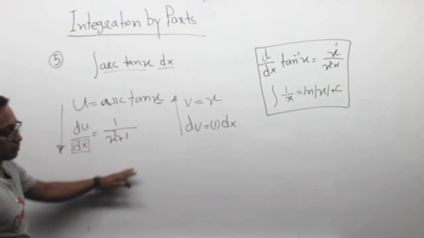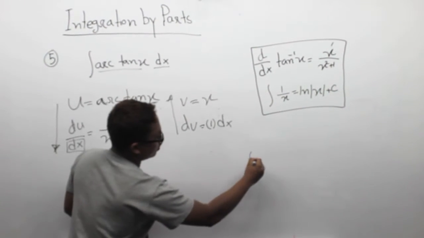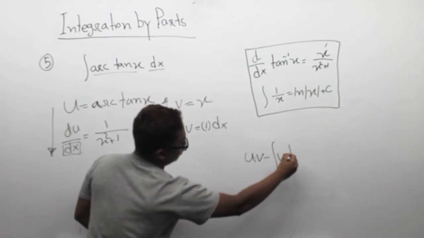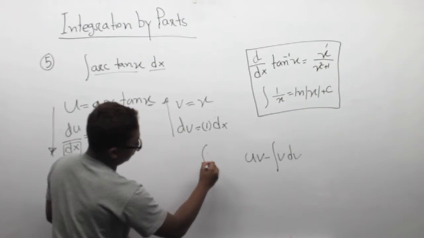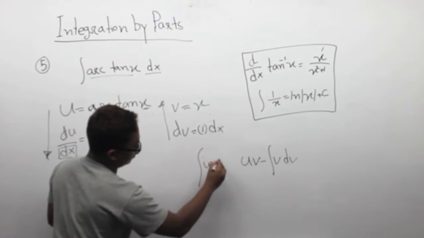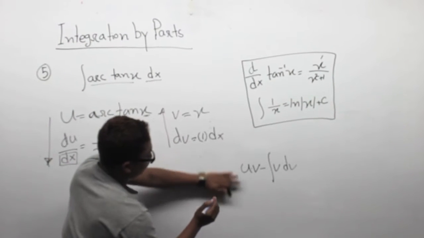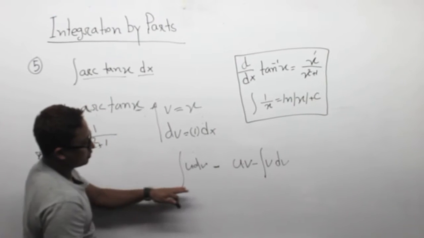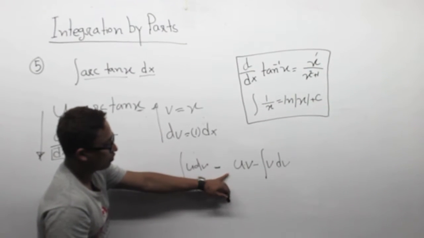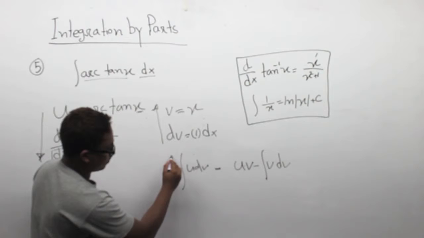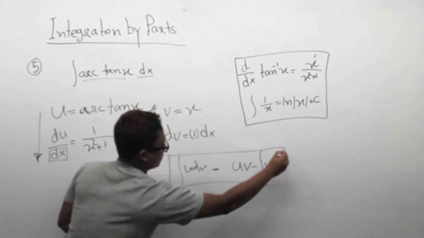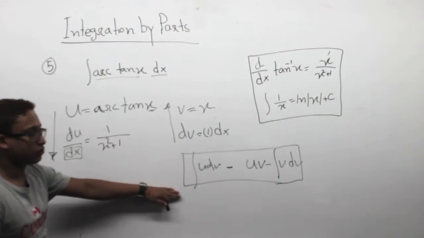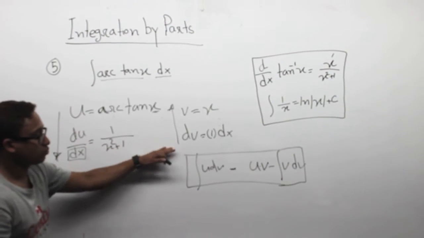As you can see, our original question is integration of u dv equal to uv minus integration of v du. This is our original question, so we're going to put this into our question.